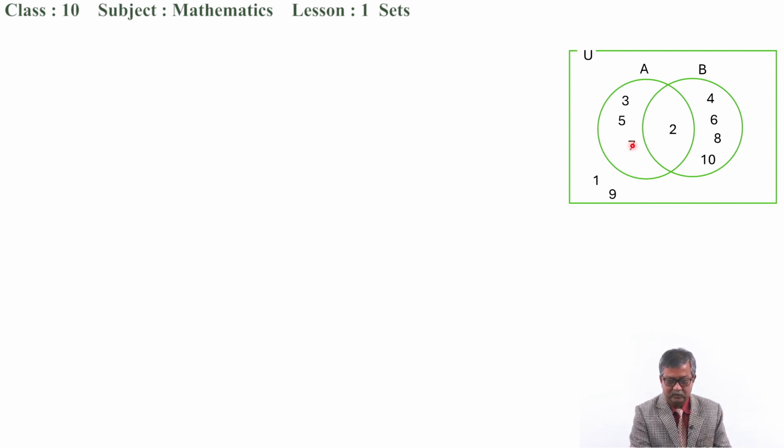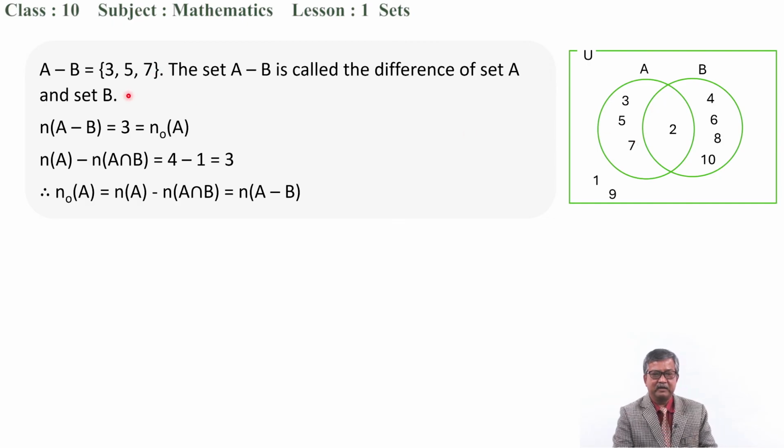Okay. So look at now here. Here A minus B is what? 3, 5, 7. So the set A minus B is called the difference of set A and set B. How many elements are there? 3. That's why the cardinality of A minus B is equal to 3. It is also known as only in set A, so it is denoted by n(only A).